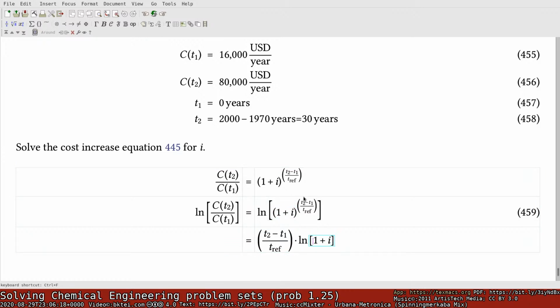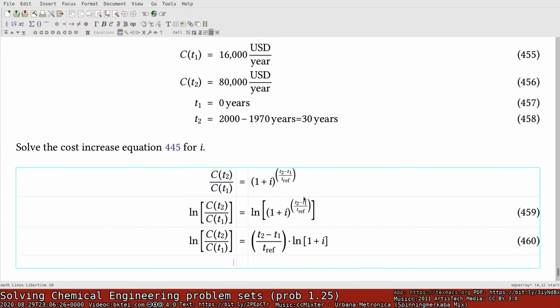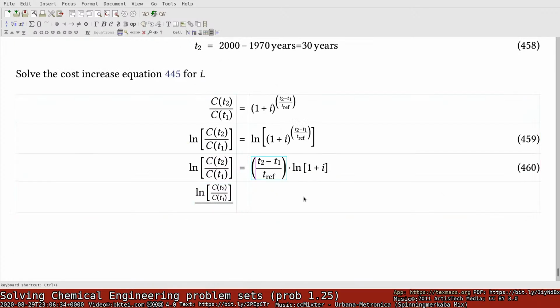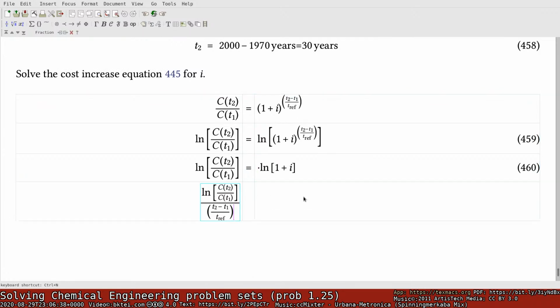You can erase this. Great. And then we can divide this side by this.